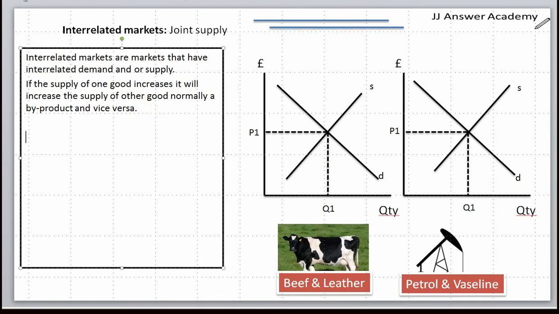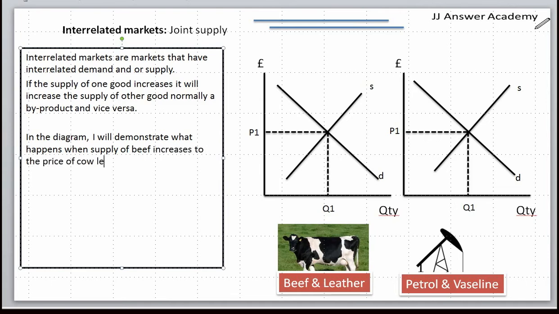In the diagram, I will demonstrate what happens to the price of cow leather when the supply of beef increases.